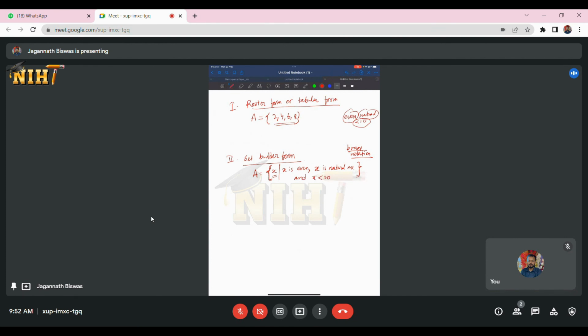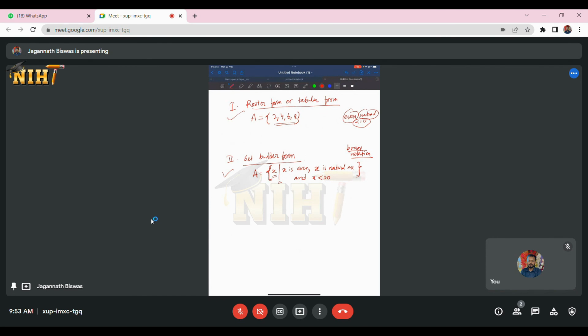So these three properties of x you should note down after this slash, or you can give a semicolon in this place. So that is the set builder form. Now see, the same set has been expressed in two different ways. The first one is in roster form, the second is in set builder form. So you can think of more examples.